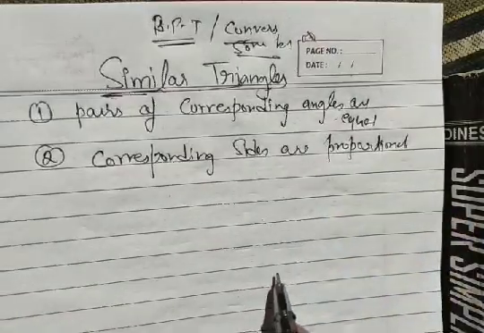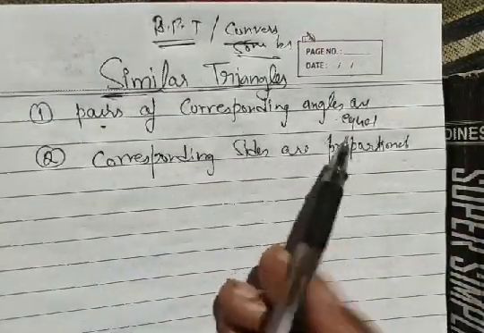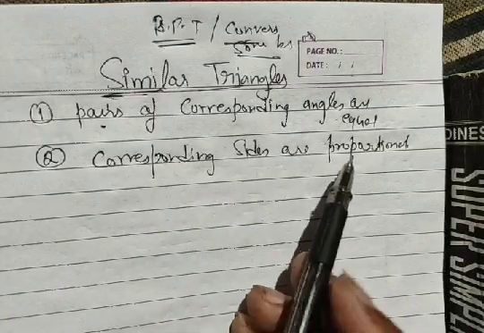These are the two conditions. First, pairs of corresponding angles are equal, then corresponding sides are proportional.